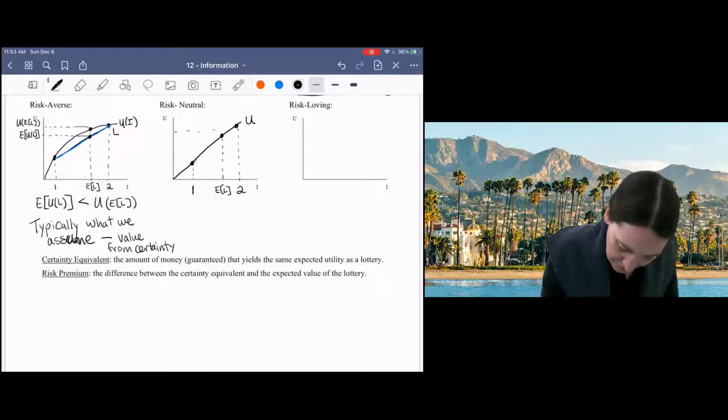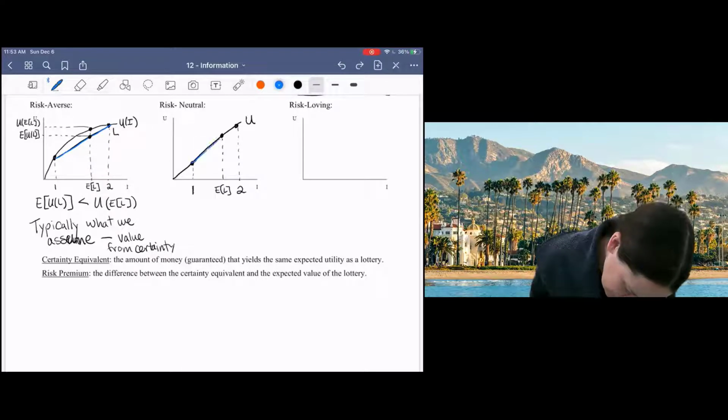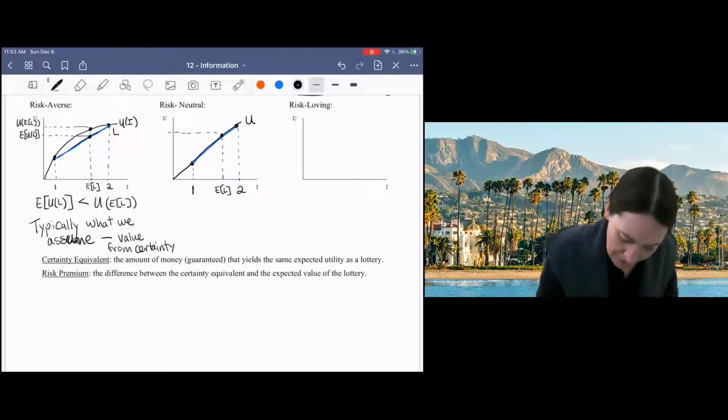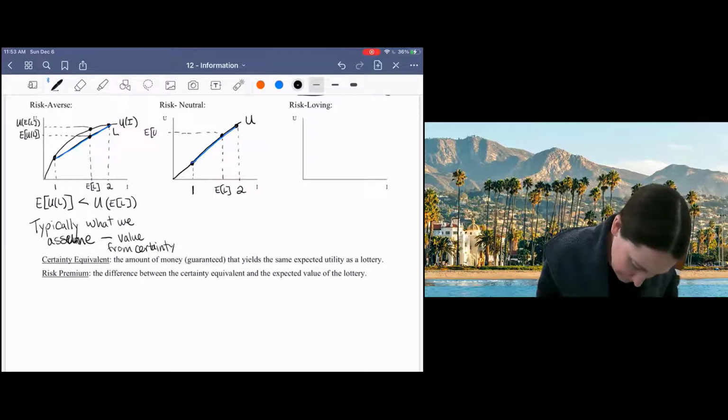And so here you see that the lottery line is equal to the utility function. So our expected utility is equal to the utility of the expected value.